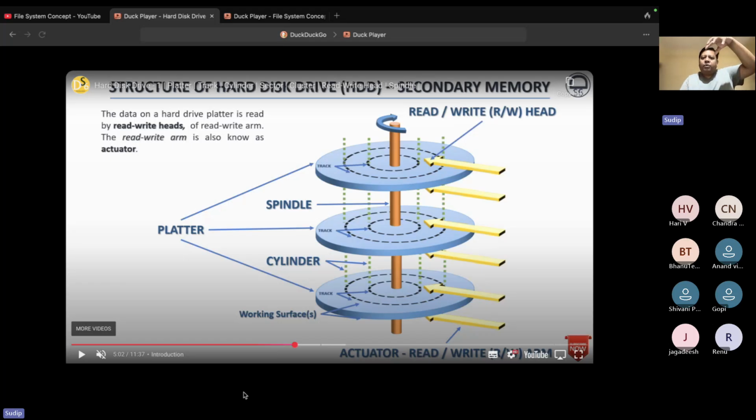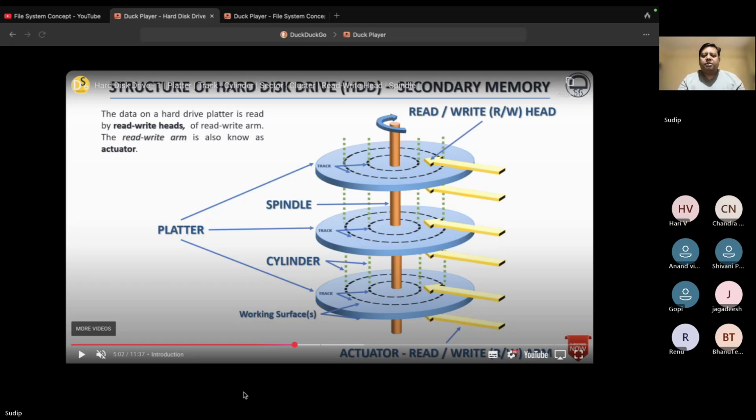So track 1 on platter 1, track 1 on platter 2, track 1 on platter 3, track 1 on platter 4. So the same track on all the platters put together combined is called one cylinder. Similarly, track 3 on platter 1, platter 2, platter 3, platter 4 is called one cylinder. Obviously, right? If you put multiple rings on top of each other, what will it form? It will form a cylinder.